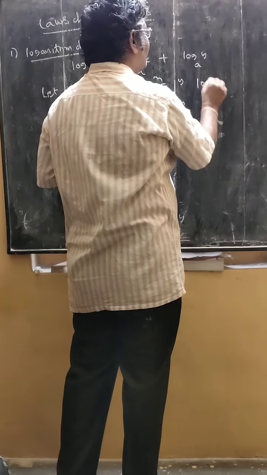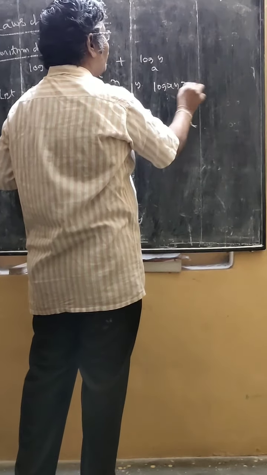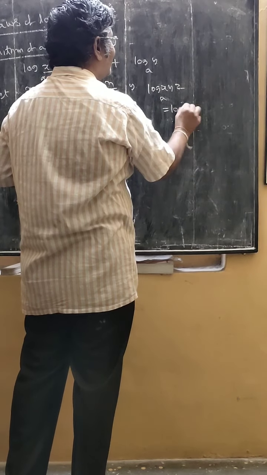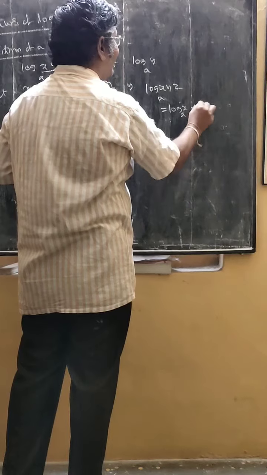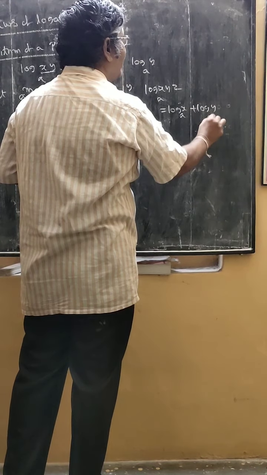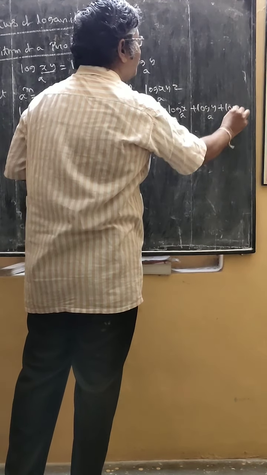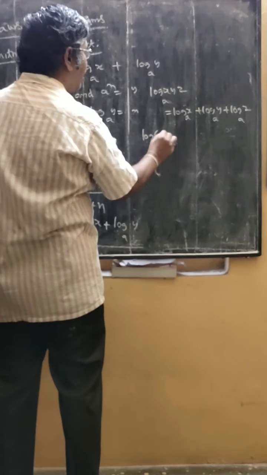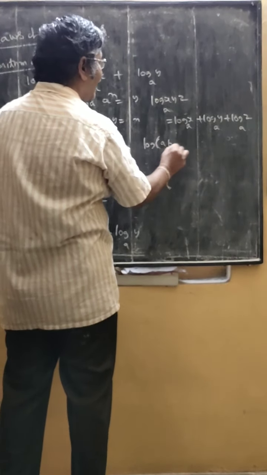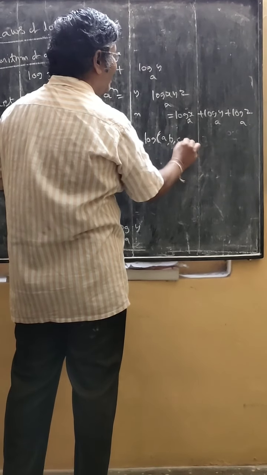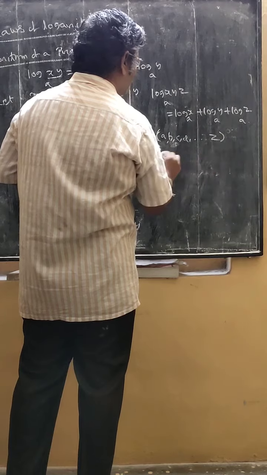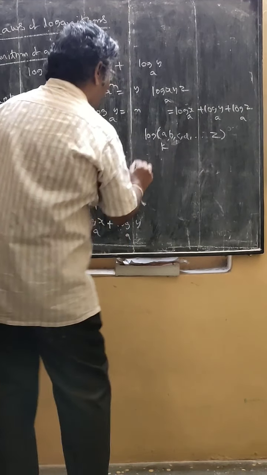Suppose we take log xyz to the base a. How can you write it? Log x to the base a plus log y to the base a plus log z to the base a. Or if you take log of a, b, c, d, and so on up to z to the base k, how can you write this?